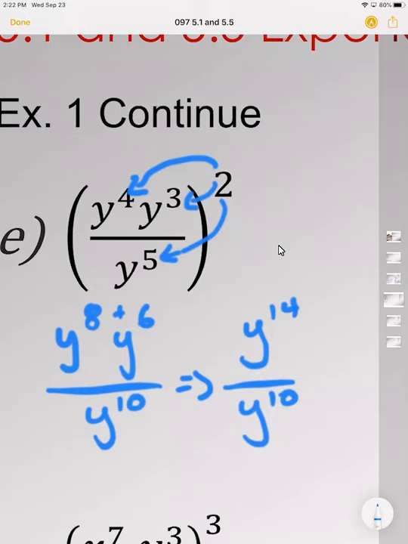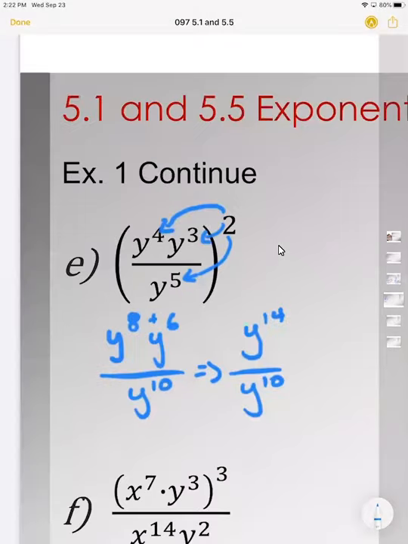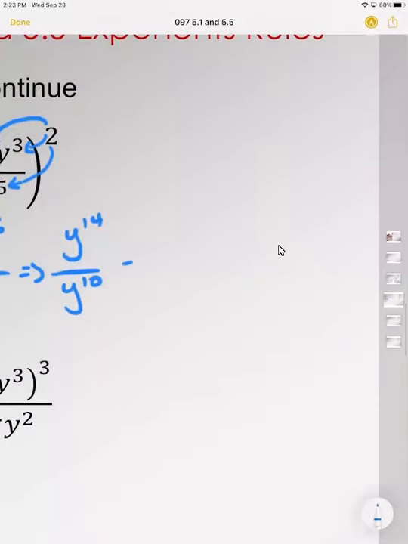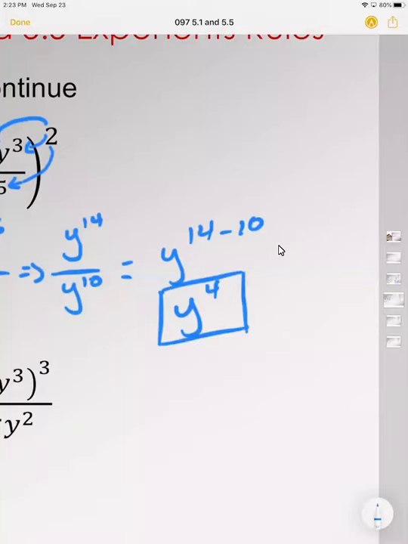Agree? And now what do I do? Well, 14 minus 10, you all know 14 minus 10 to give you 4, which my answer is y to the 4.